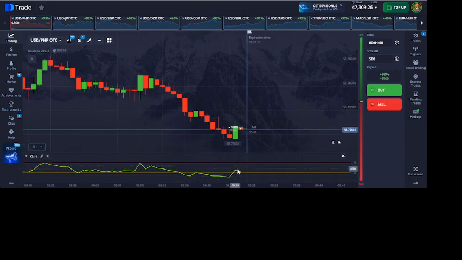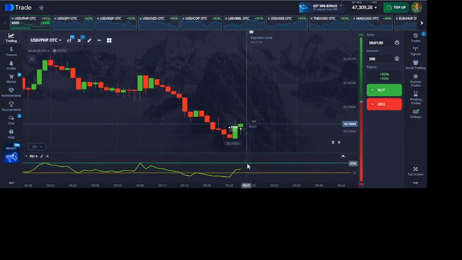And the reason why I took the buy trade here is I waited for the RSI line to close above the 30 line here. The RSI line crosses here below the 30 line and stays under the 30 line, then eventually crosses above the 30 line here.